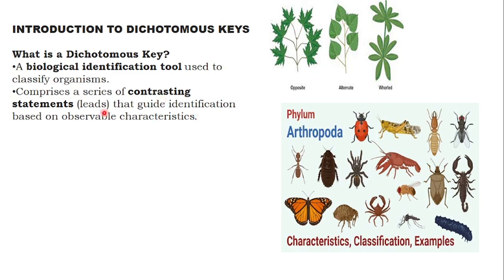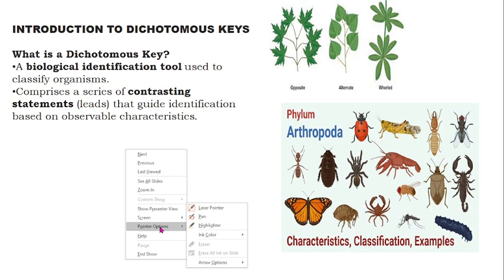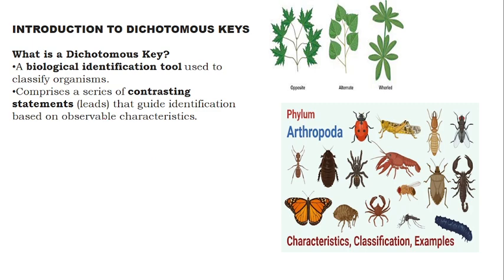They are based on contrasting statements that guide identification based on observable characteristics. I want to highlight this: you should understand that the dichotomous key is based on observable characteristics. We are classifying our organisms based on observable characteristics.